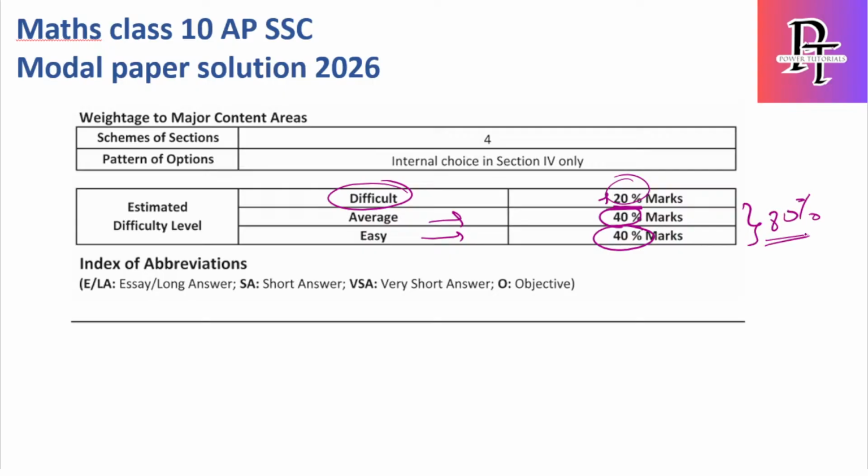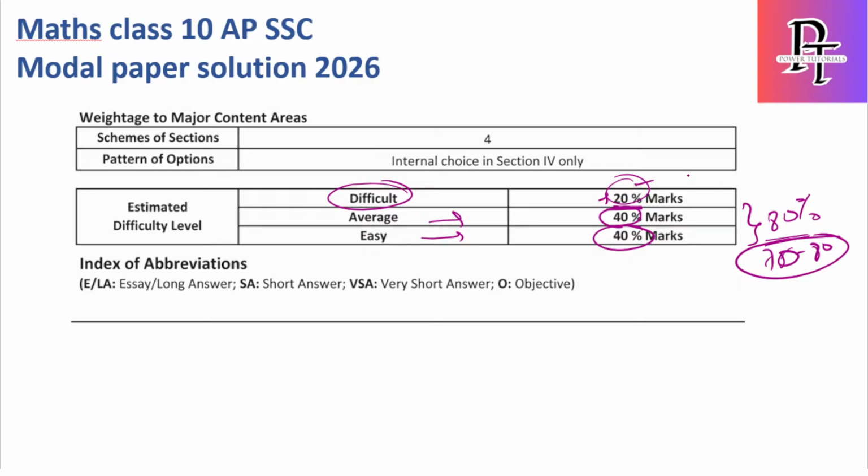If you are able to focus on concepts at least at easy to moderate level, then definitely you will score at least 70 to 80% of marks. But if you are targeting 100 marks, make sure to practice a little more, so that the difficult questions, which are only 20%, are also covered.